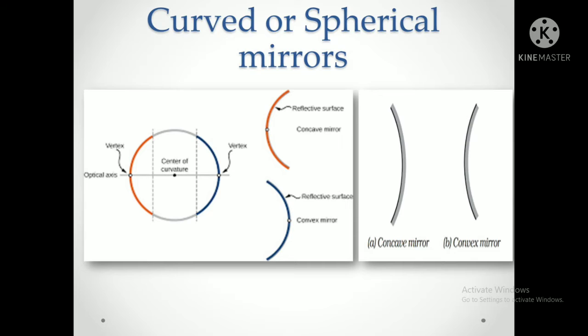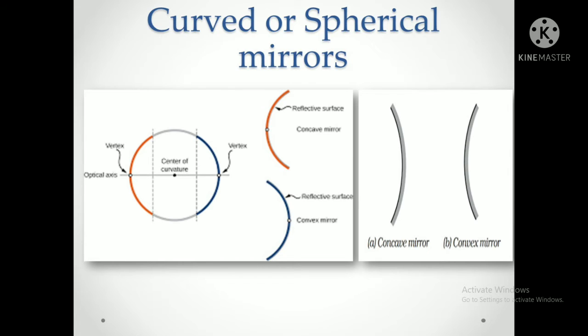Now if you take the spoon in front of you and see yourself, on the concave side you will see yourself upside down, means your image will be inverted. And on the convex surface, it will be straight, upright, fully. Whatever you are, you will see that only in the spoon.